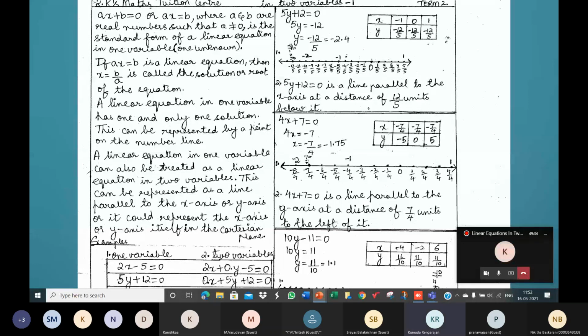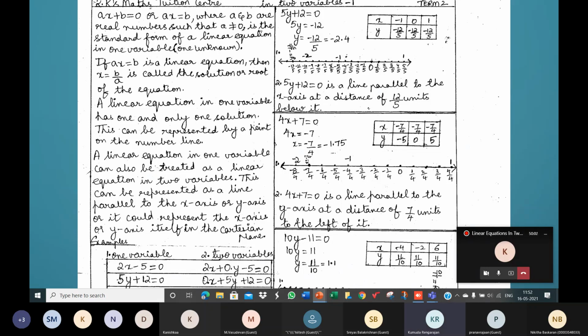Now when we solve 3x plus 5 is equal to 0, x is equal to minus 5 by 3. Now this minus 5 by 3 is the only solution to the linear equation 3y plus 5 is equal to 0.